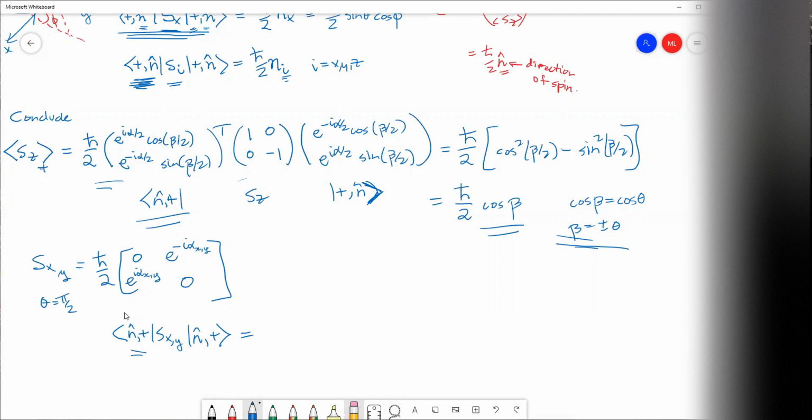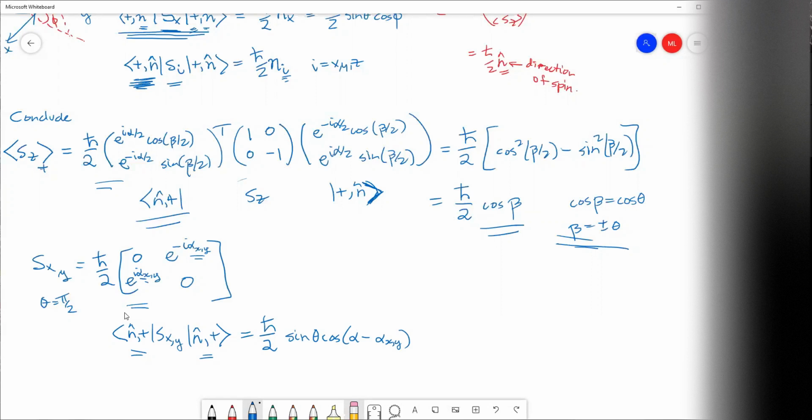You put in these bras and kets as vectors, you stick in this matrix in the middle, and what you end up getting is h bar over 2 sine theta cosine, using some trig identity, of phi minus alpha_x comma y. These values. So that's what we're trying to find.